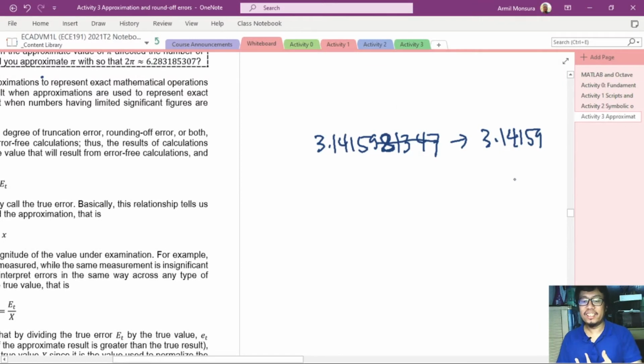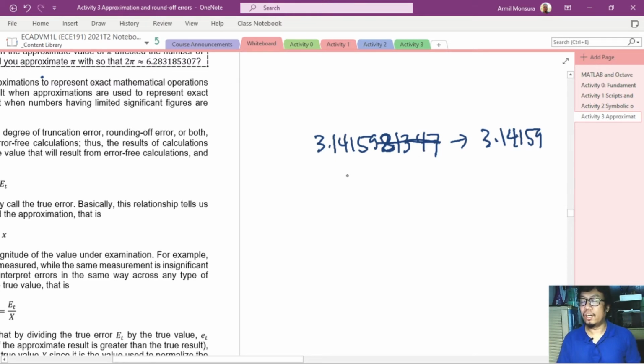But again, to separate this from what we will discuss in a later topic, we will call this chopping off digits of numbers. So we chop these digits off from the numbers. That's an error that you made by approximating a number.